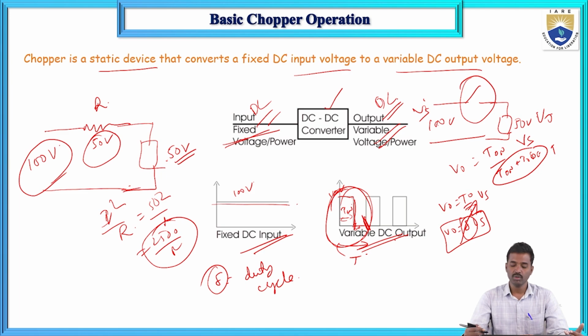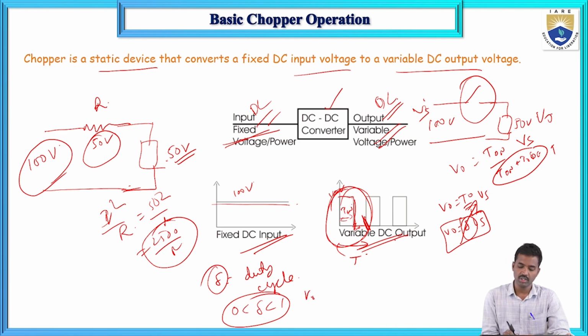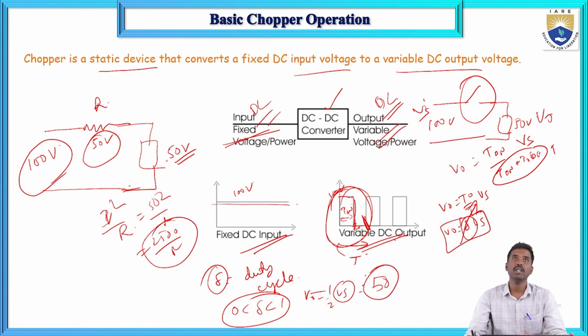Delta is always between 0 and 1. If I want 50 volts at the output, V0 equals 1 by 2 into Vs, with Vs equal to 100, that is 50. In this way we can make the output voltage variable.